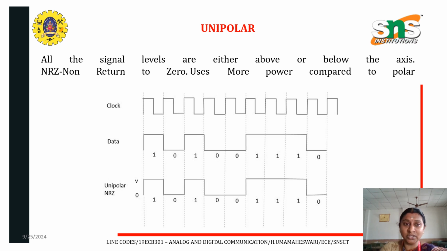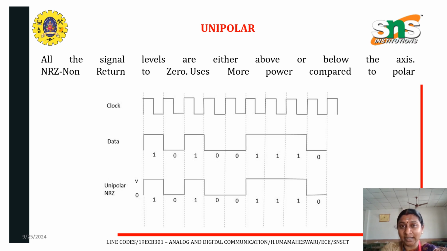The first one is unipolar. In this, all the signal levels are either above or below the axis, so it uses more power compared to polar. The first signal is the clock signal, which we are giving as one of the inputs, and we are giving the data as 10100111.